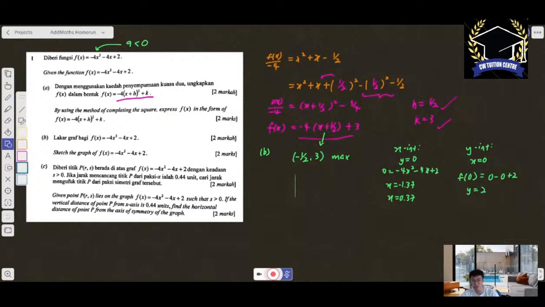So I sketch the graph. It's a maximum point, right? So -1.37 is here. 0.37 is here. And then this is the point (-1/2, 3). And then I sketch the graph, go down like this. And this is part 2.